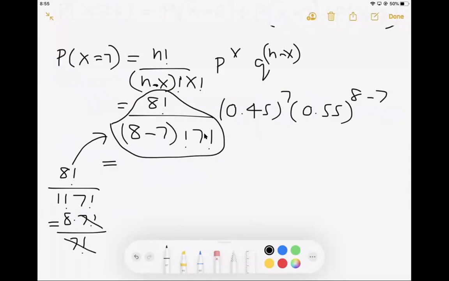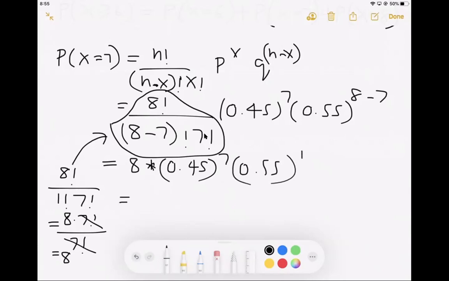So the answer is 8 times 0.45 to the power 7 times 0.55 to the power 1. So what is the answer for this one? 0.0166. So if x is equal to 7, this is the probability.